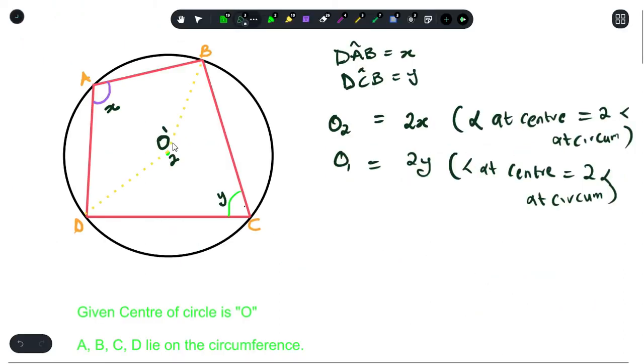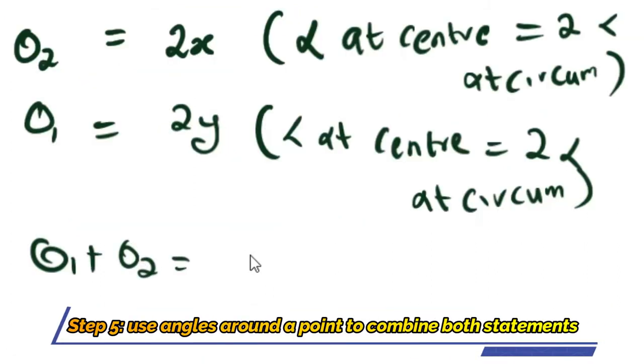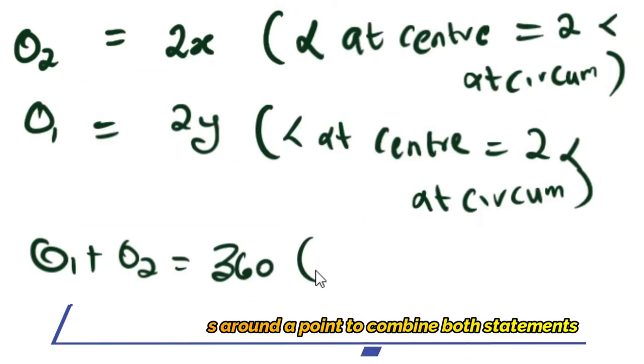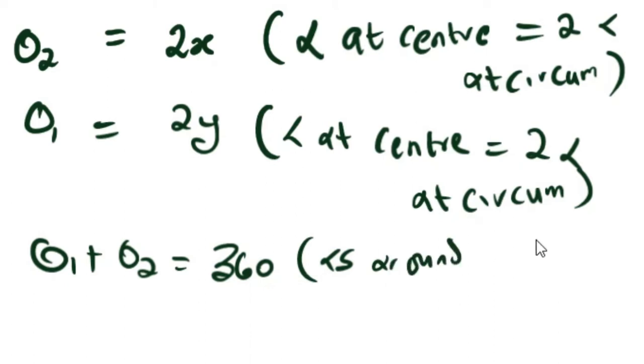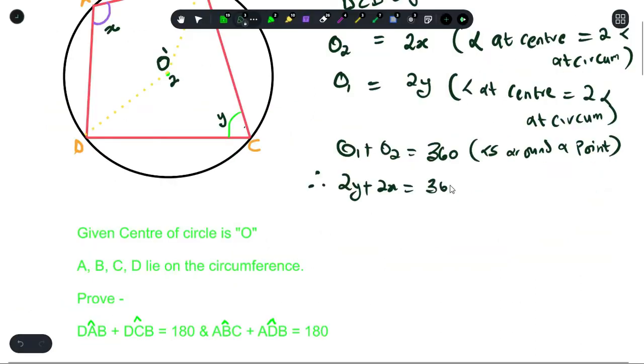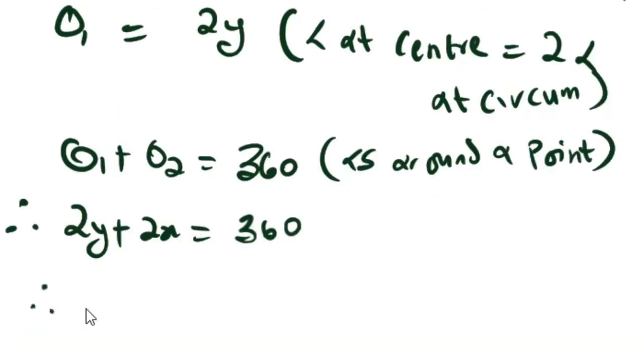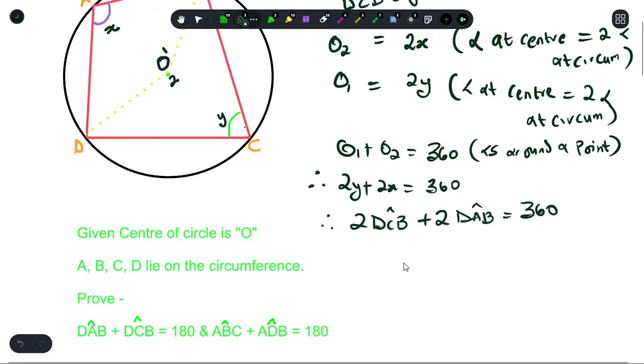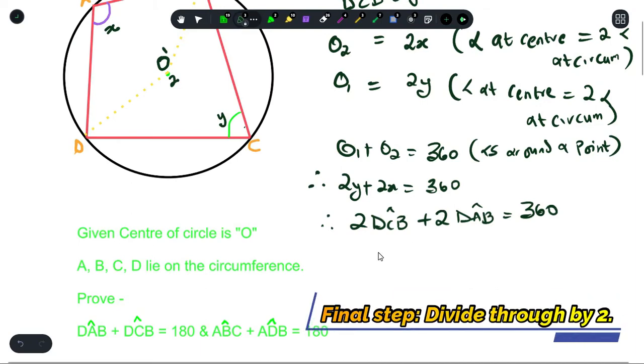We also notice that O1 and O2 make up angles around a point. So we understand that O1 plus O2 would be 360, angles around a point. Then therefore, we replace O1 with 2y and O2 with 2x. Then we can chain them back, which becomes 2x plus 2y equals 360, then we divide everything by 2.